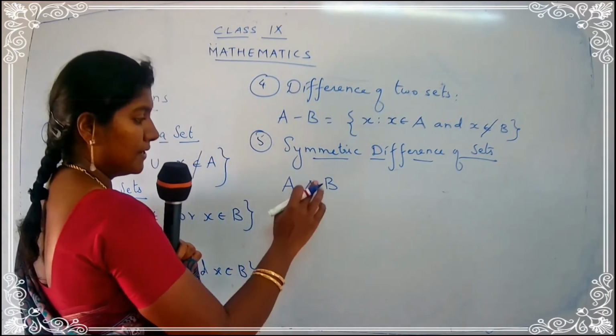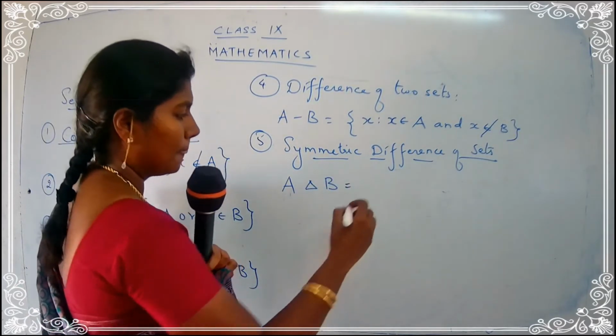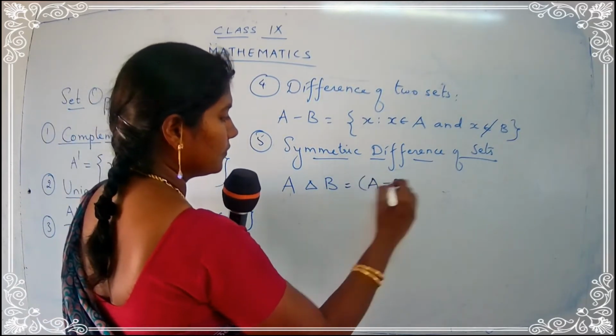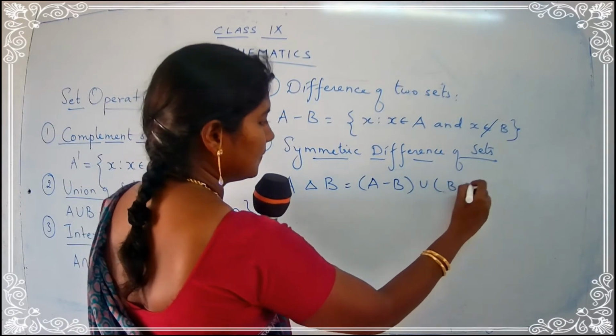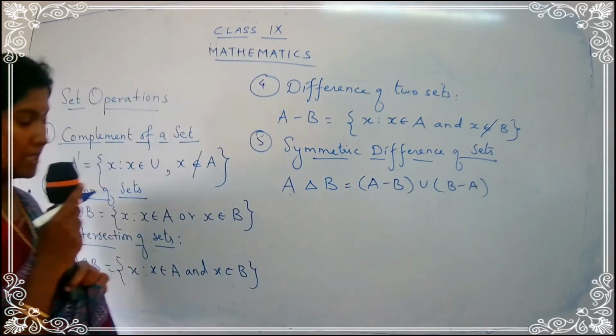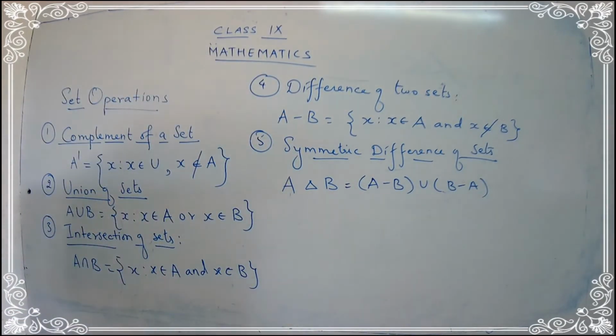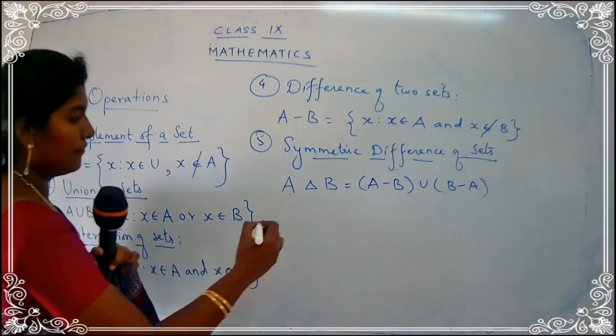So A symmetric difference B is equal to A minus B union B minus A. So these are the 5 operations that you are going to study under set operations. Let's read down the point. So we can just have one more line over here.